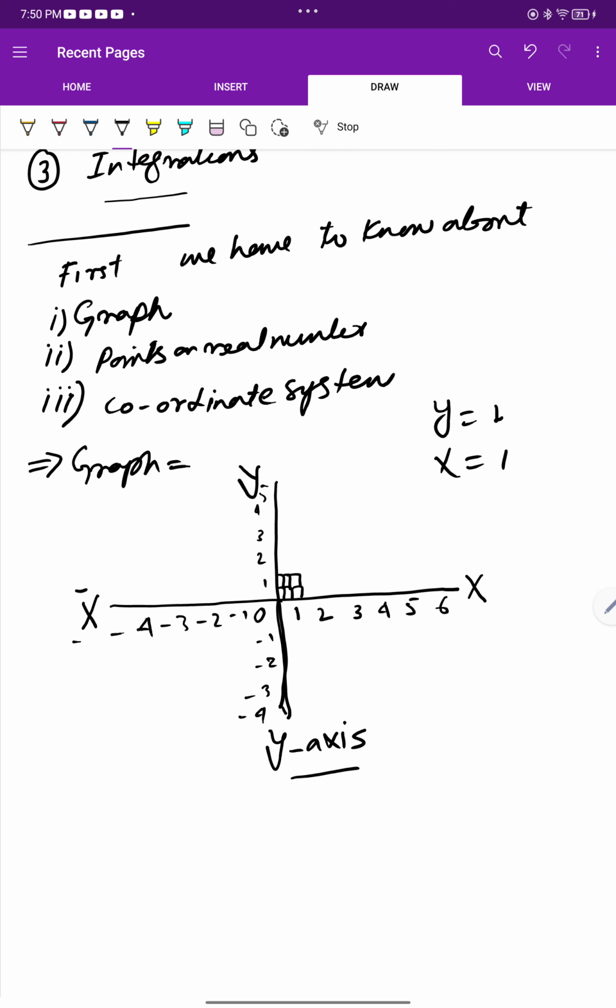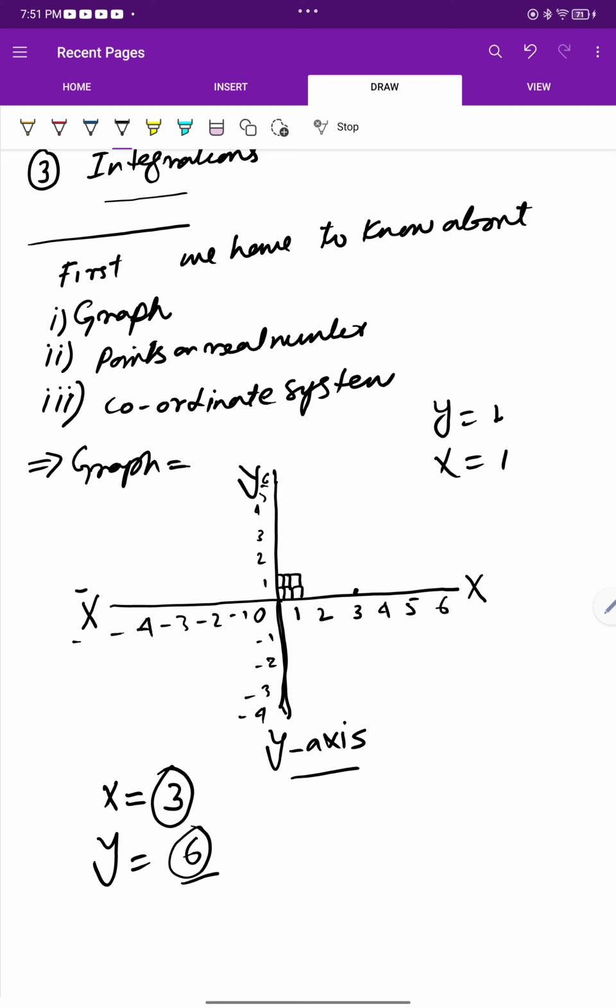Let's say you have a point where the value of x is 3 and the y value is 6. To draw this on the graph, x is on this side and it's positive. So one, two, three, we come to this one, and then we count 6 points: 1, 2, 3, 4, 5, and 6 is here.